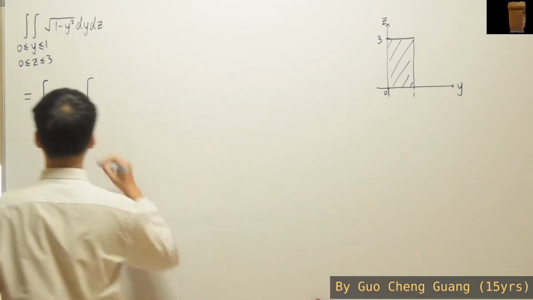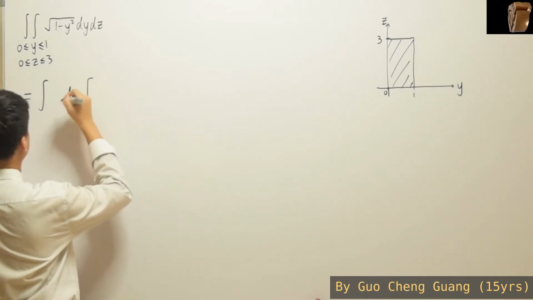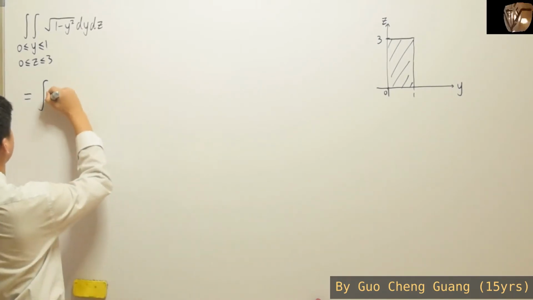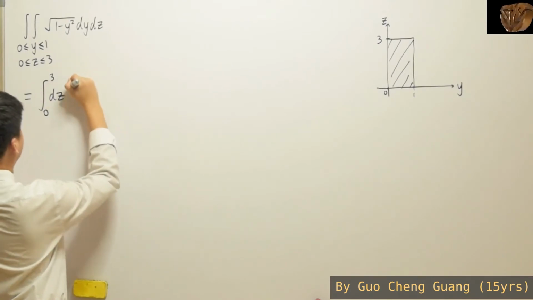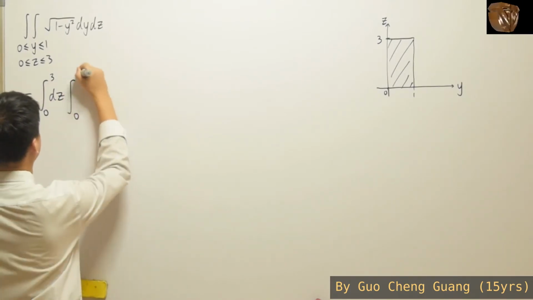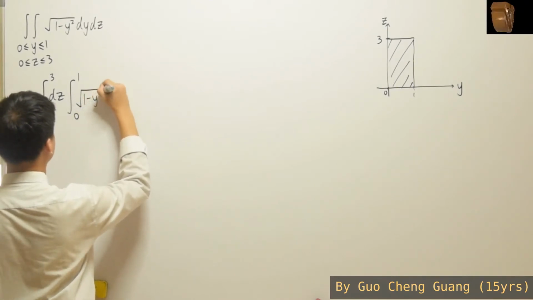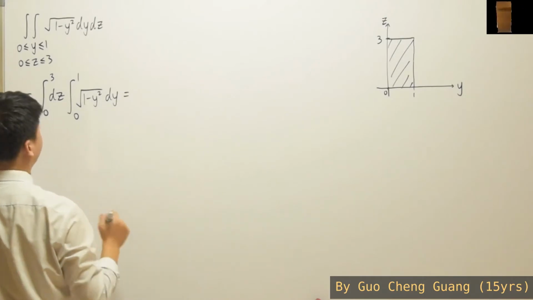Alright, so integrate dz from 0 to 3, and then integrate from 0 to 1 square root of 1 minus y squared dy. So of course dz, you can directly find it.